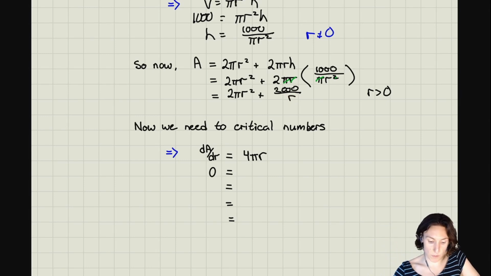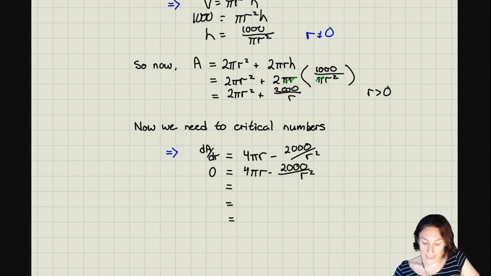So by power rule, we bring down that -1, so we get -2,000, and then r to the -2, which is the same as 1 over r squared. Okay, so I need to now set this equal to 0.